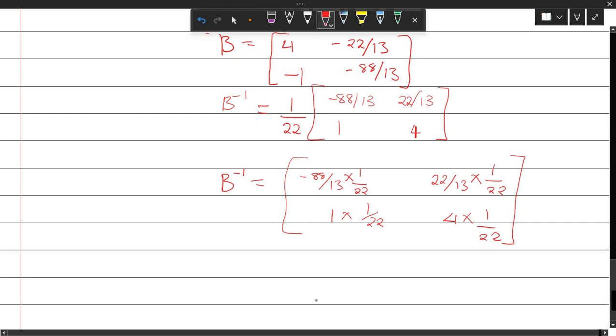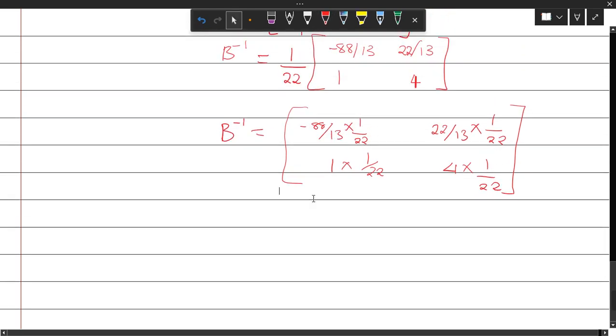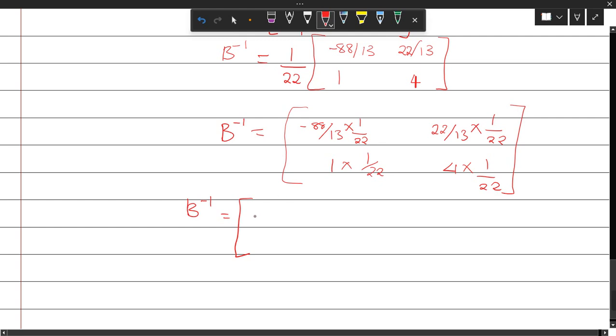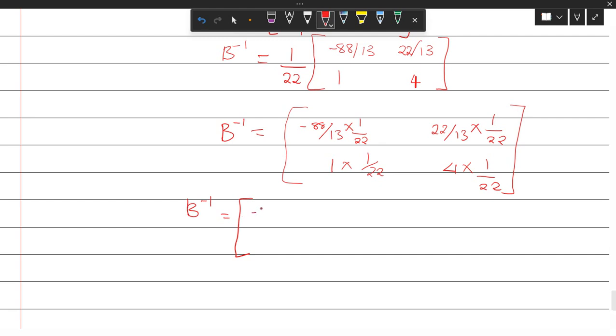So this is a matrix. Okay, so we simplify it a little bit further. We know 22 goes into 88. So B inverse equals, so 22 into 88 gives 4.